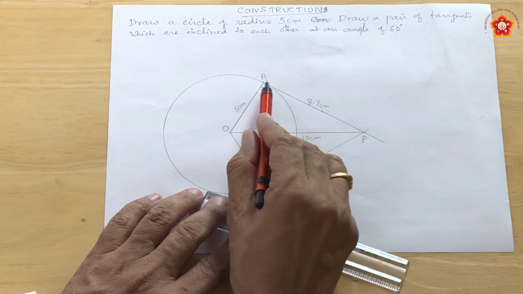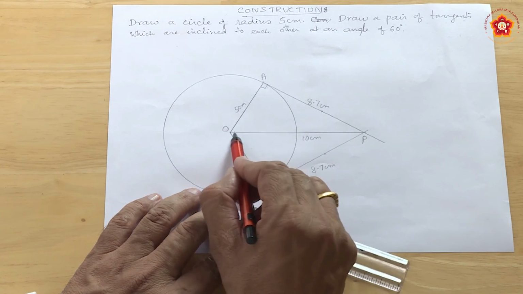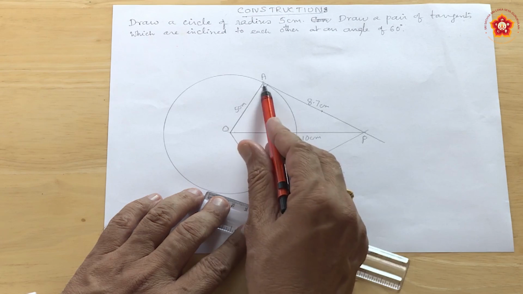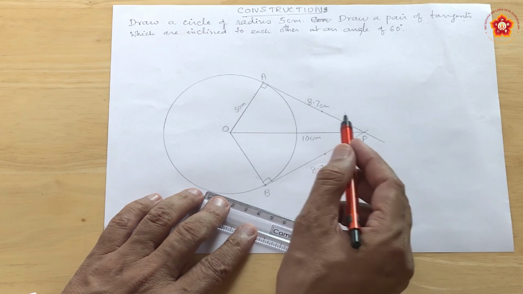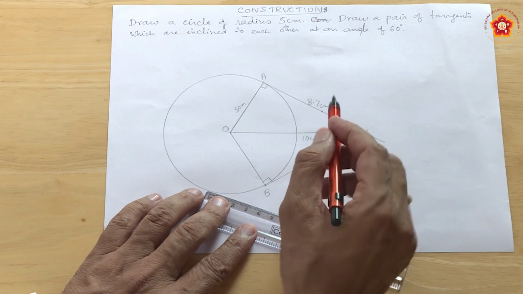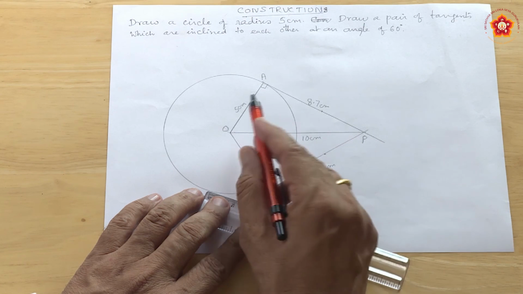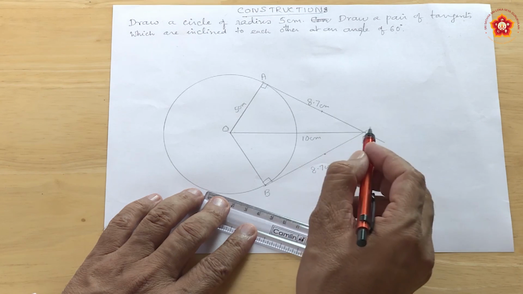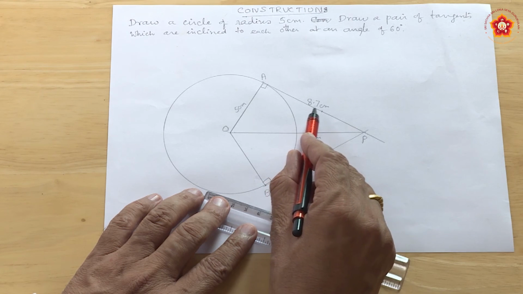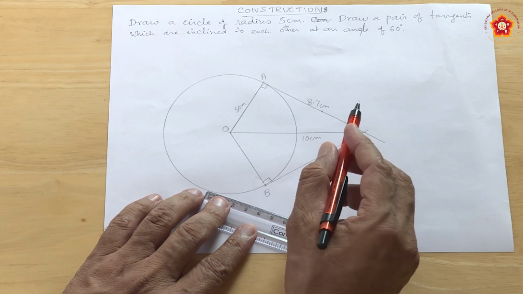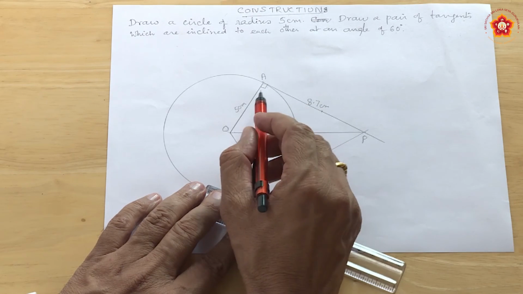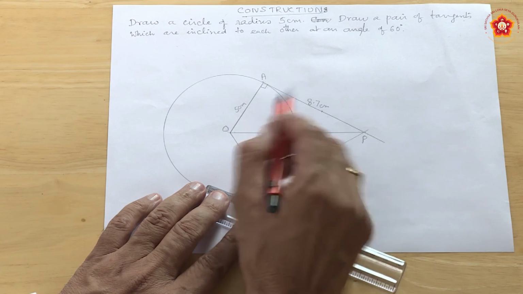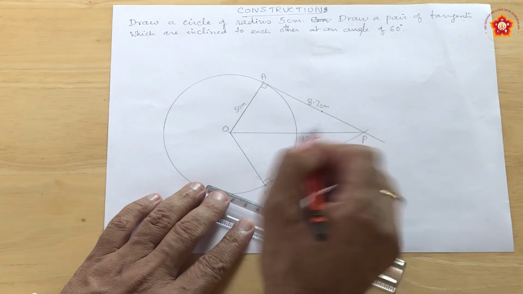Once again I repeat, AP square is equal to OP square minus OA square, and that is 10 square minus 5 square. That will be 100 minus 25, root of 75, that is 8.66, approximately you take it as 8.7. That is all. Here you can do the construction by compasses also. Here now you are done with protractor.